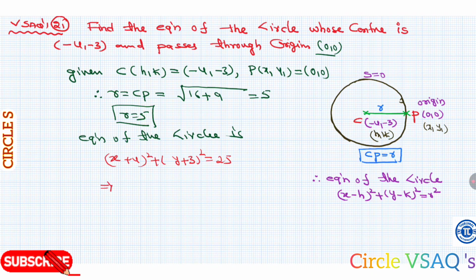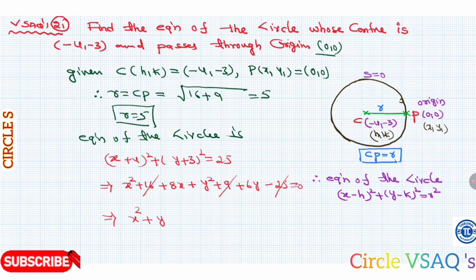Now expand the above equation: x square plus 16 plus 8x plus y square plus 9 plus 6y minus 25 equal to 0. Here 16 plus 9 minus 25 cancel, then we get the equation of the circle x square plus y square plus 8x plus 6y equal to 0, which is the equation of the circle passing through the origin.